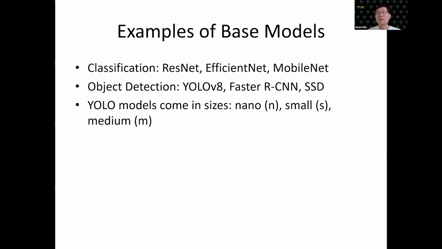Even inside YOLO, there are multiple versions depending on the target size of the program. Nano is the smallest one, and then small, medium, large. So I recommend you use the YOLO nano version. This is a small model, and the amount of computing power required for fine tuning can be the minimum.